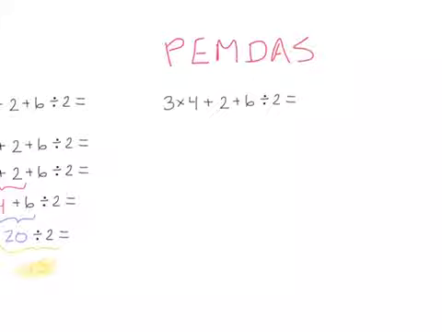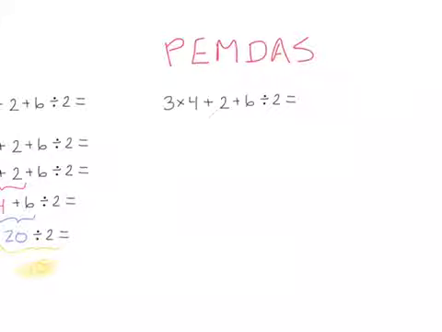We do things in that order, and P stands for parentheses, E is exponents, M is multiplication, D is division, A is addition, and S is subtraction. So that's just a way to help you remember what to do in what order. If we use PEMDAS, or order of operations, to solve this problem, we will get the right answer. So let's use that method.